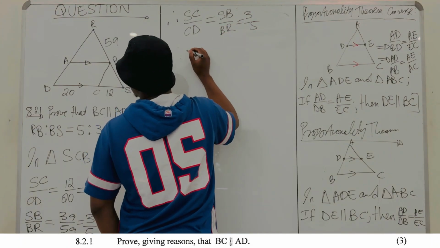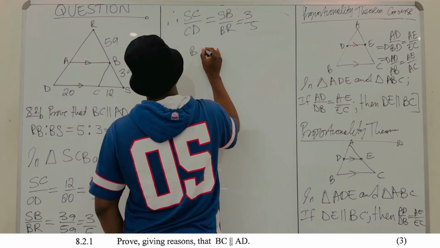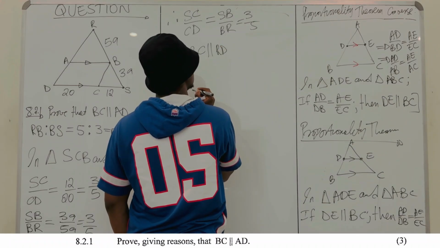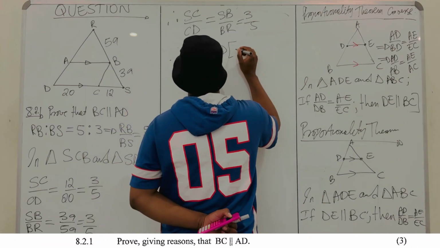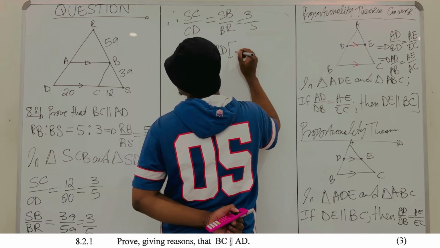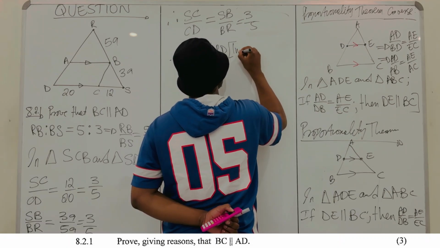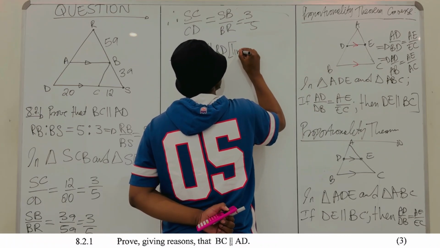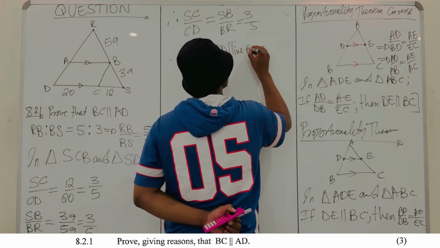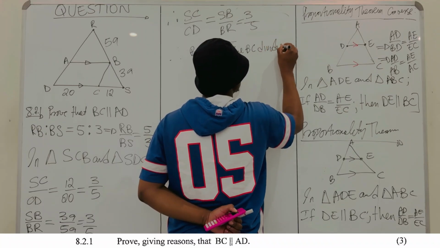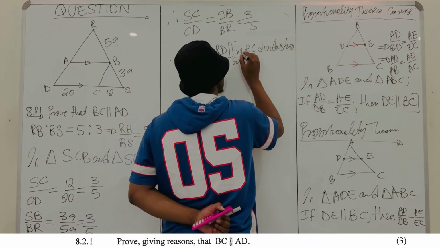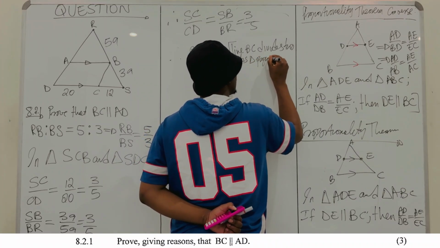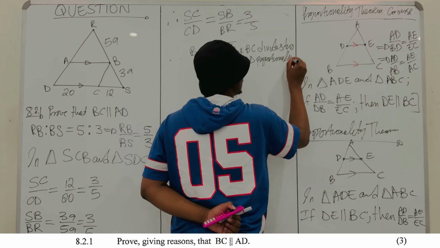Therefore, which means your BC is parallel to the entire length there, RD, right? Why? Because we'll say the line BC divides two sides of a triangle proportionally, right?